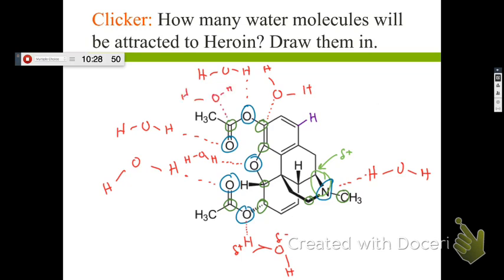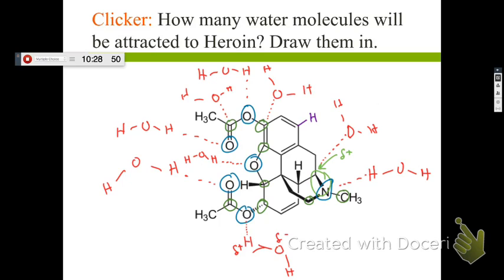And nitrogen, yes. So we can do that around the entire molecule. Anywhere we circled in green, the slightly negative oxygen will be attracted through electrostatic interaction. Think about it as magnets.